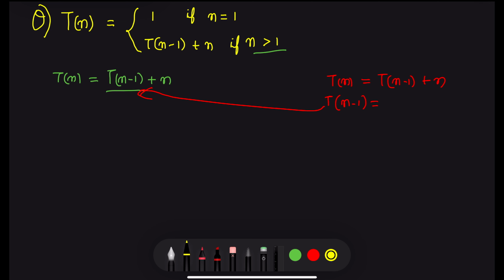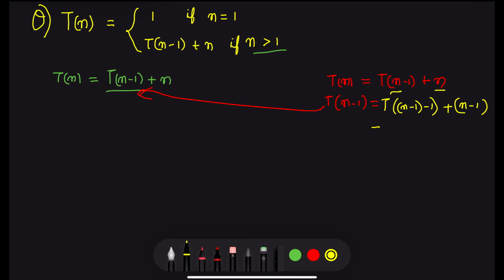So for T(n) we have T(n-1) + n. For T(n-1), we will substitute the value of n as n-1 here. So we will write T(n-1-1) + (n-1). This n will be n-1 again.